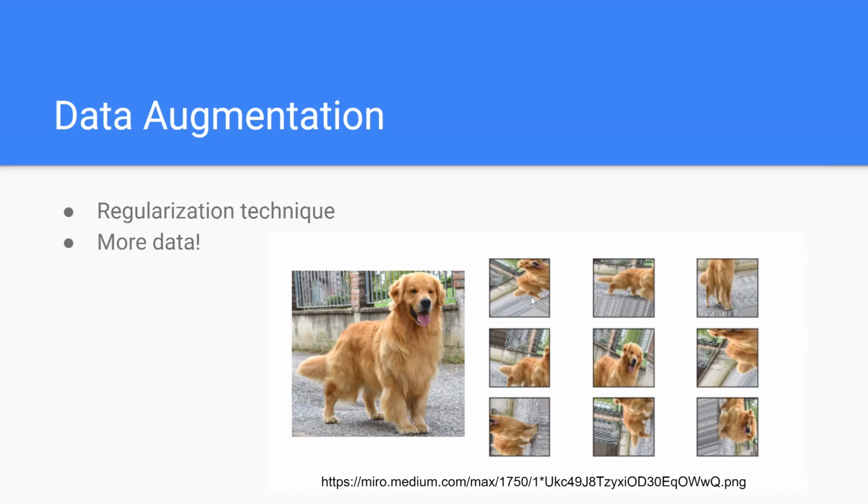You can rotate it, you can take parts of it, you can flatten it. So basically manipulate the data in different forms. Now we used to have just this one image, but now we have 9 different forms of this data. So not only does it prevent overfitting, but it also gives us more data, and more data is always nice since you have more things to train on, right? Yeah, so this is one technique that we'll be using.